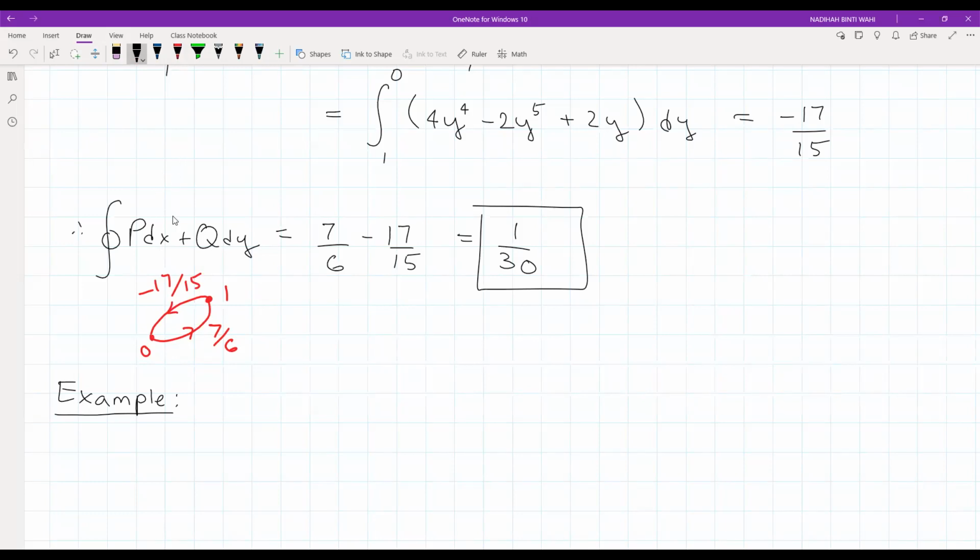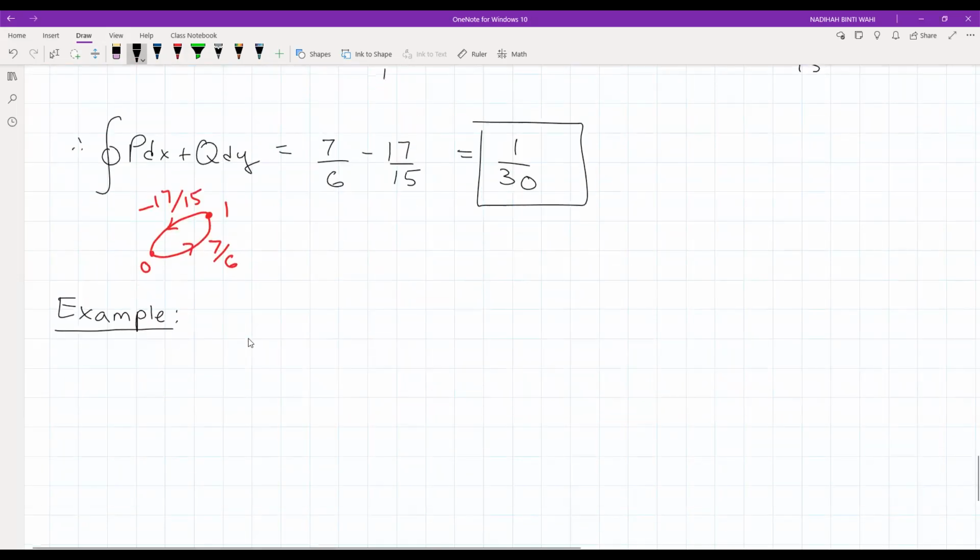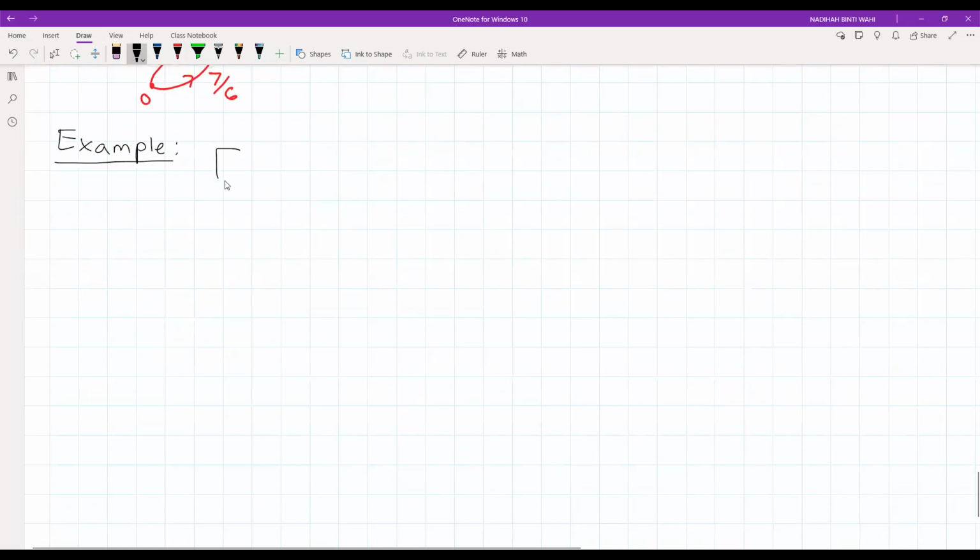Okay, for example, it says here, evaluate the curve line integration for 2xy dx plus x squared plus y squared dy.